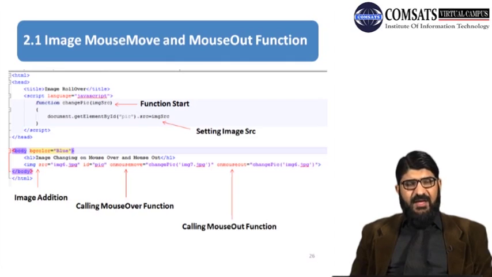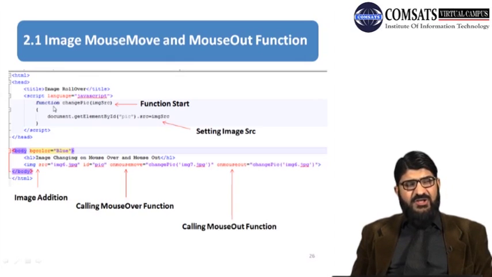The code is written inside the HTML code file. The HTML start tag is mentioned, and then the HTML head tag. The title tag follows, and the title is given as image rollover, and then the script language, JavaScript, is mentioned.